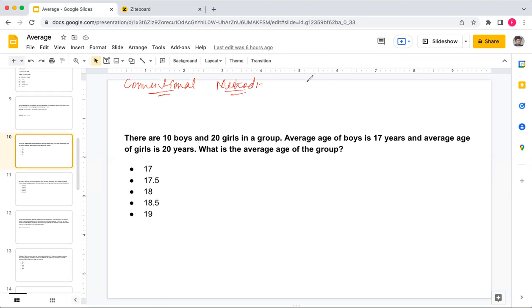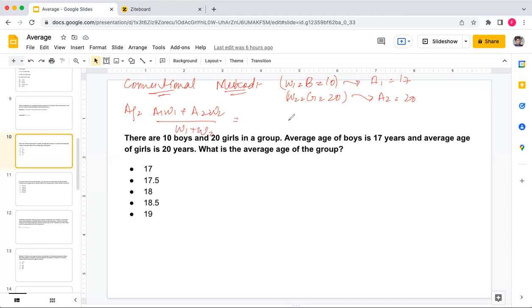Conventional method: number of boys is equal to 10 and number of girls is equal to 20. Average for boys is equal to 17 and average for girls is equal to 20. And we are asked to find the overall average. So the first way is by using the formula, right? Consider these as W1 and W2. The formula was the overall average will be equal to A1W1 plus A2W2 divided by W1 plus W2.